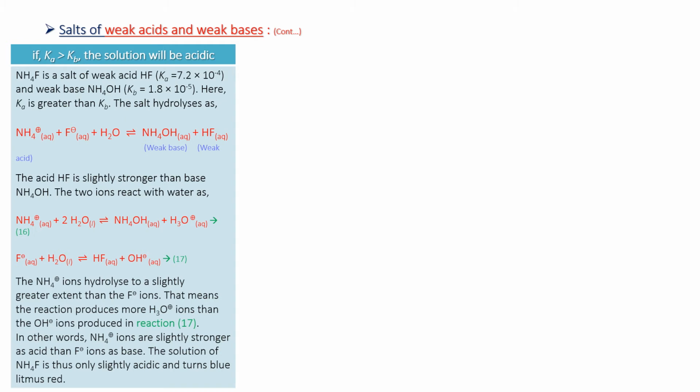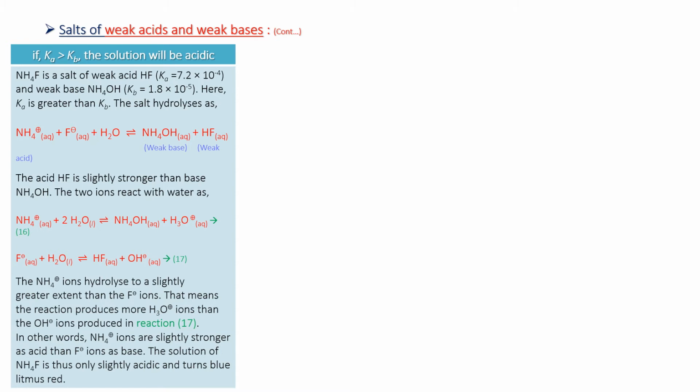And F minus, which reacts with the water, you get HF and OH minus ion. So in this case, NH4 ion hydrolyzes to a slightly greater extent than your F minus ion.